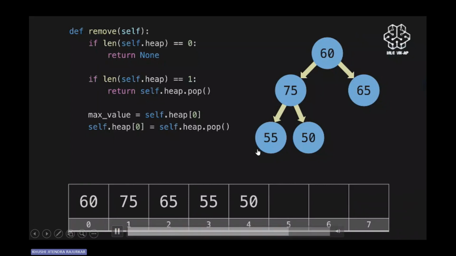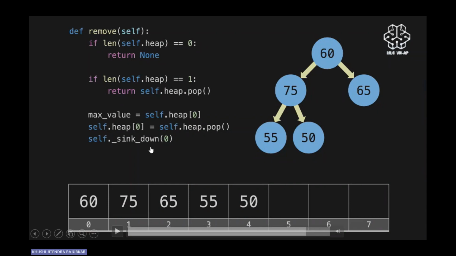And then we shall carry out our next operations here. We shall be calling our sink down method here, because right after we take the last element from our heap and replace it with the element at index 0, you shall have a heap that does not satisfy the heap property, and you shall have to rearrange it.